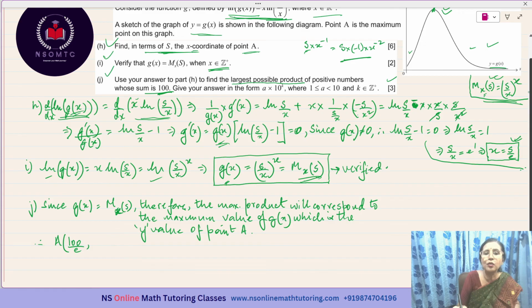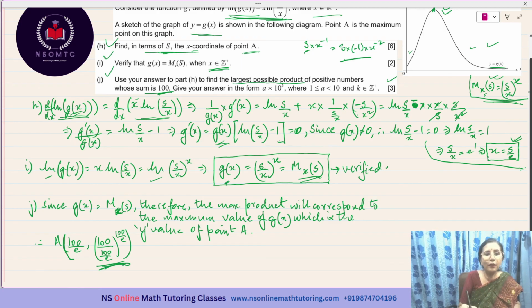S over X whole raised to the power of X. So, in place of S, I can write 100, and X is 100 over E. So, 100 over E whole raised to the power of 100 over E. Okay. So, this is the Y value and this is the maximum possible product.